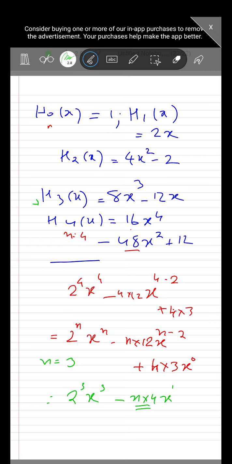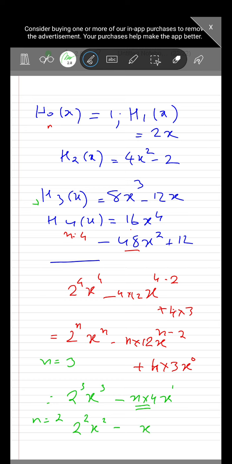Whereas if we take n is equal to 2, then also we have 2 square, which is okay, into x square, which is also okay, minus x to the power 2 minus 2, that is 0.